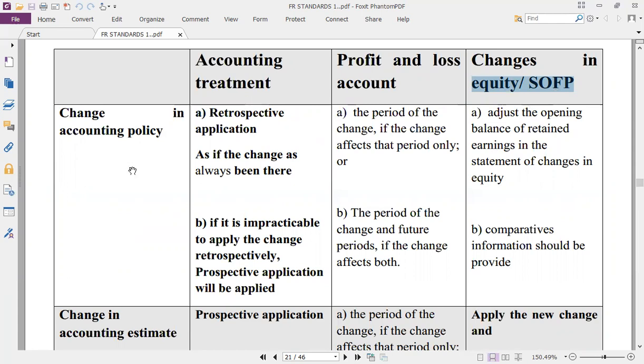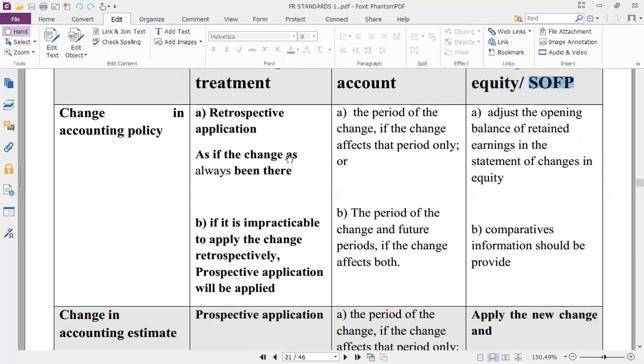Good. So when there's a change in accounting policy, we said that it must be accounted for in the previous years, or the change must be applied retrospectively. So that is retrospective application, as if the change has always been there.